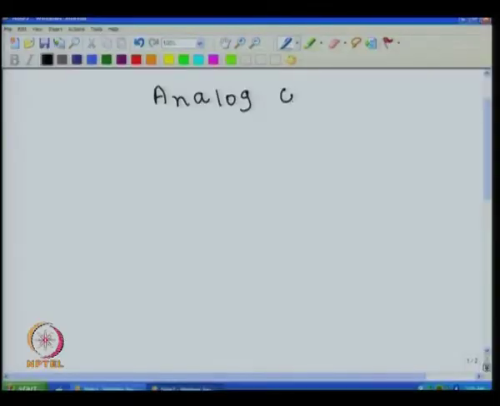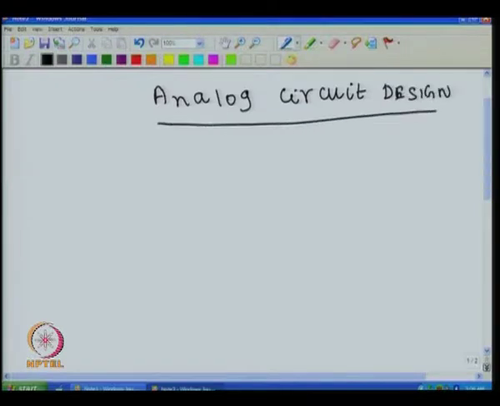In this course you will be learning about analog circuit design. Now in this course we will concentrate on three aspects.